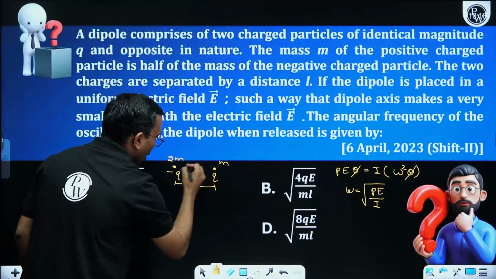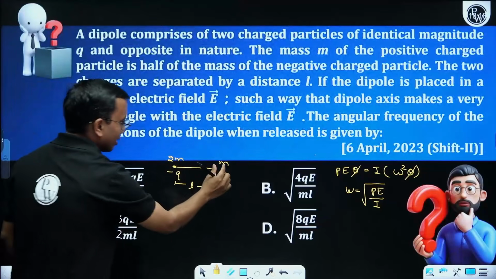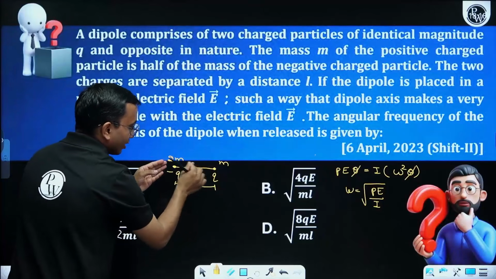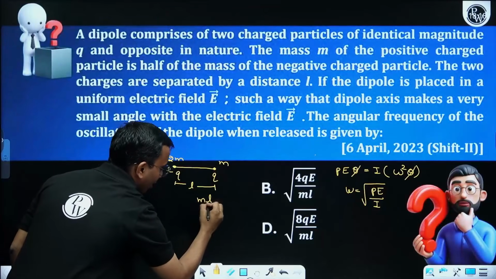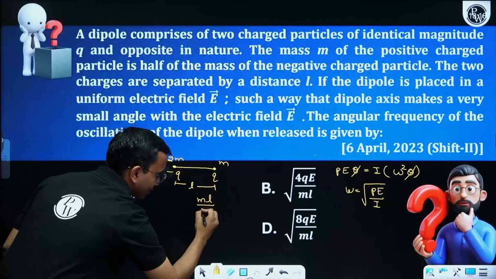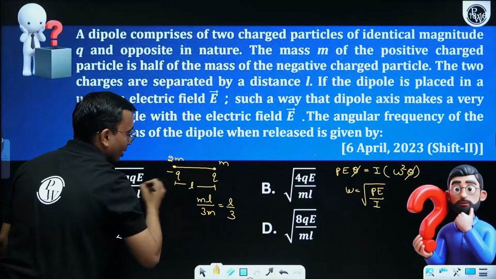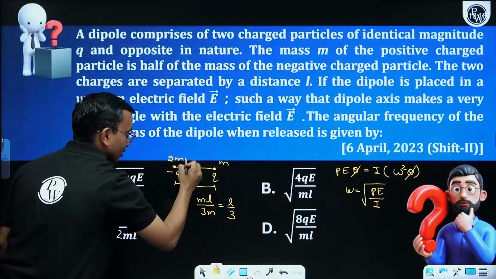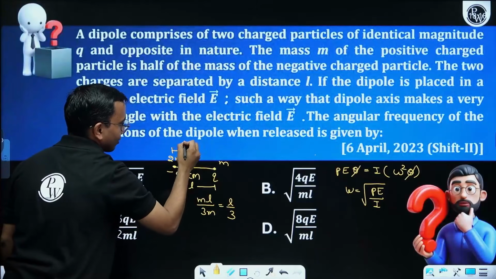So about the center of mass, this is mass 2m, this is m. If I find the position of the center of mass, that will be m L divided by 2m plus m, that is 3m, so that is L by 3. So the center of mass is here, and this distance is L by 3.